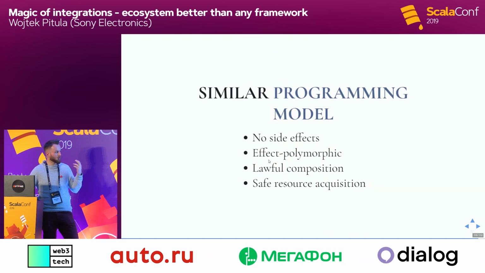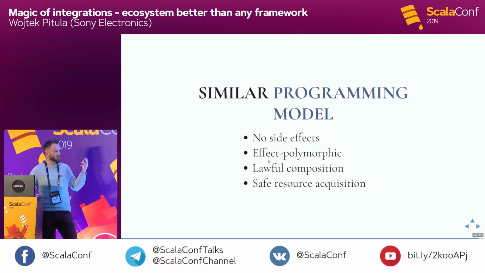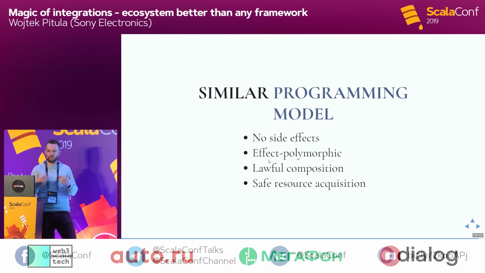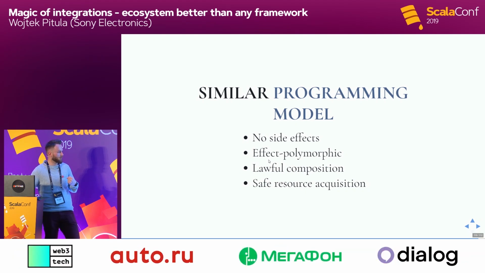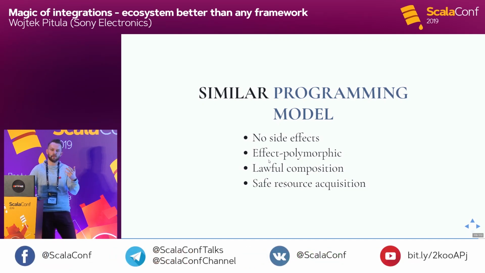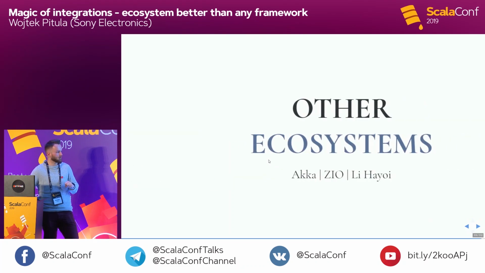And so in case of this ecosystem I've shown you, you can expect that there will be no uncontained side effects, everything will be effect polymorphic, the composition will be lawful based on the Cats type classes that have to obey some laws. And the resources like closable connection pools will not be given to you directly, but instead you will get either a stream or a resource, so something that will automatically close it when you're done.